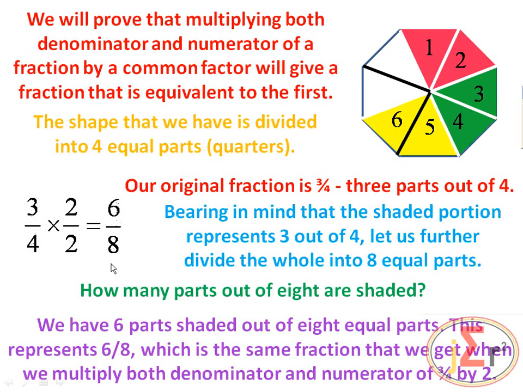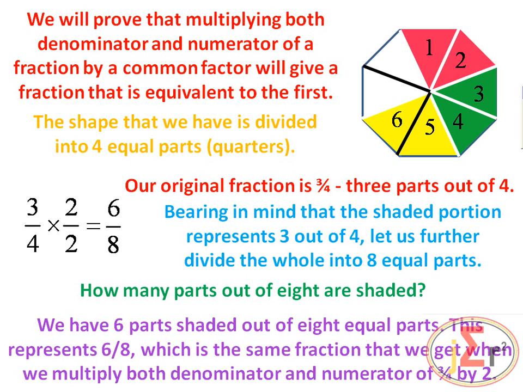That's right? Yes. And we are saying that if we have 3 quarters and we make other subdivisions, dividing each quarter into 2 equal parts, then we will have a total of 8 equal parts, and the number of equal parts that will be shaded is 6/8.